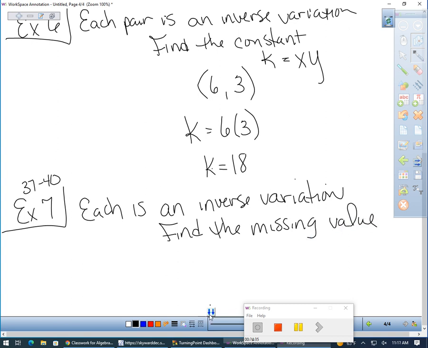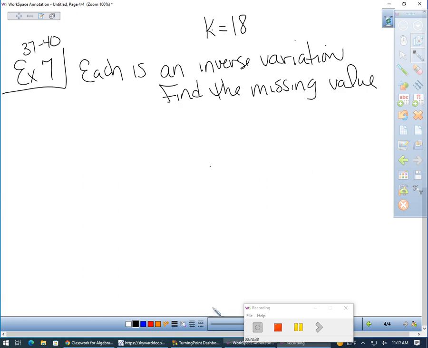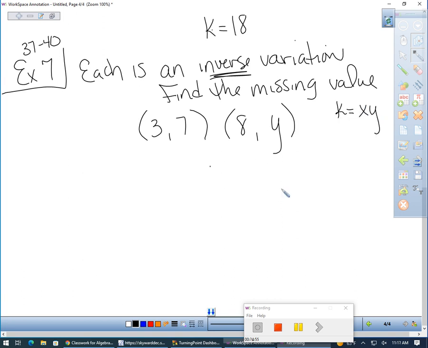So if you recall, when we did direct variation, we set them up in their proportions, or how you found k for each one. So in this one, if I have 3, 7, and I have 8, y, since it is an inverse, and to find k, we say it's x times y. That's how we're going to set each of these up.